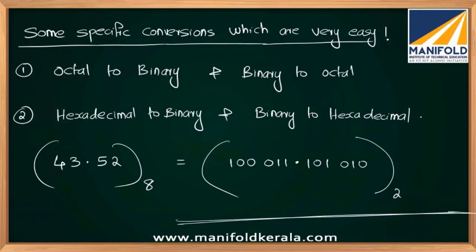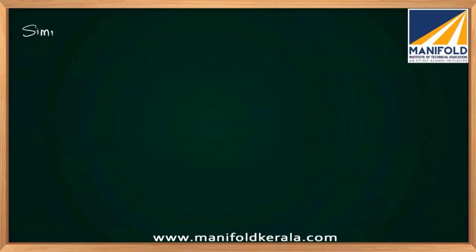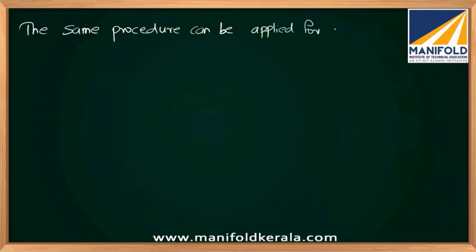Right? Now similarly, the same procedure can be applied for the conversion from hexadecimal to binary also, because hexadecimal is also a power of 2, right?